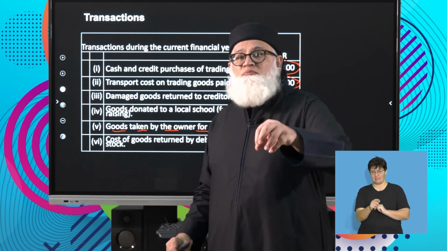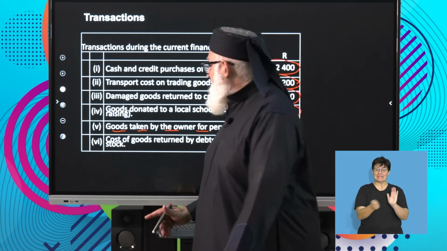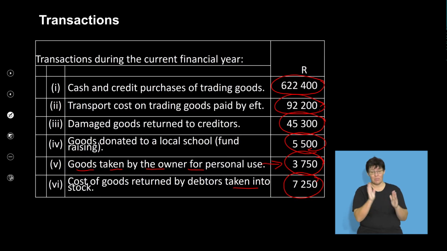It's going to impact on my sales figure. So therefore, be careful. Don't just assume that everything will go into the calculation. So this is actually my debtors allowances, right? So cost of goods returned by debtors taken into stock will be 7250. That will be my debtors allowances figure that I will subtract from my sales figure.